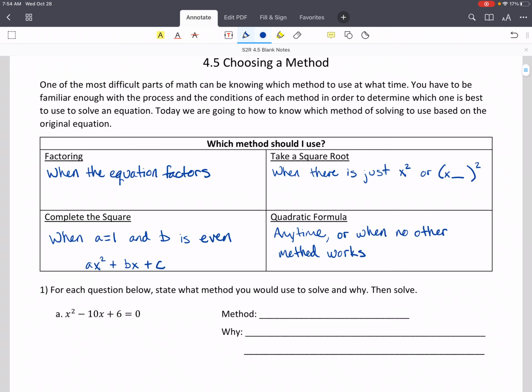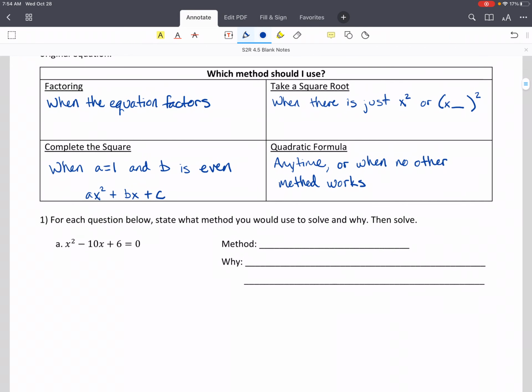Okay, so we're going to use this now to go through these. We're going to pick a method and say why we'd use that method. And there's not necessarily just one right answer. In reality, we could use quadratic formula for every single one of these, but I don't want you to use quadratic formula for every single one of these.